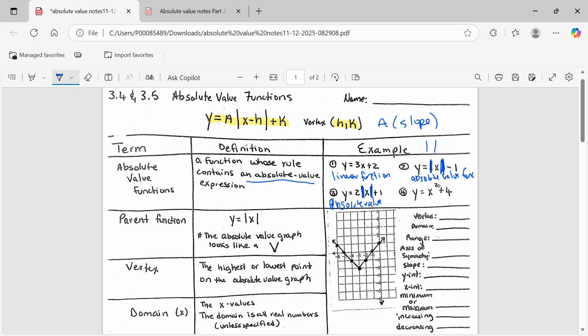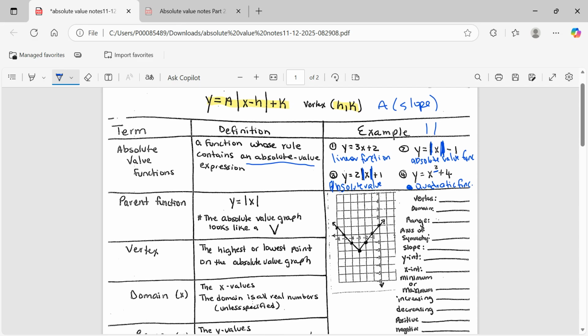If I look at number four, I do not see an absolute value sign, which means it is not an absolute value function. If we have the chart as we did in class, we will be able to tell because there is a 2 here. It is actually a quadratic function, but that's something that we learn a little bit later on.